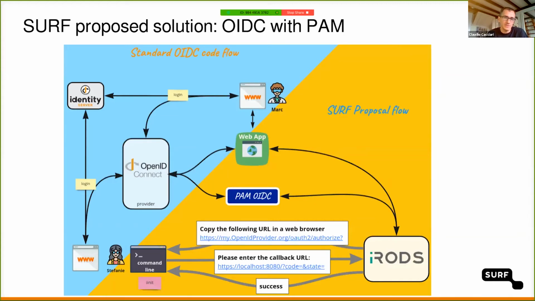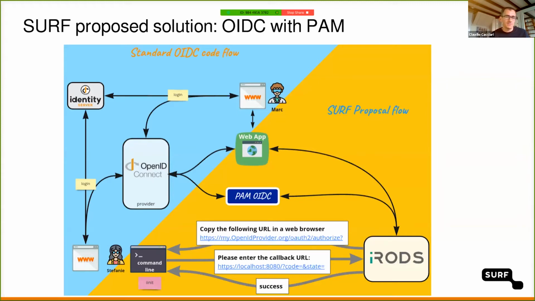So the PAM OIDC module, in this case, is a client for the OpenID provider and manages all the OIDC operations, basically. And the PAM module is able to pass messages back to the command line, with the user that reacts and answers to the various challenges provided by the authentication mechanism.